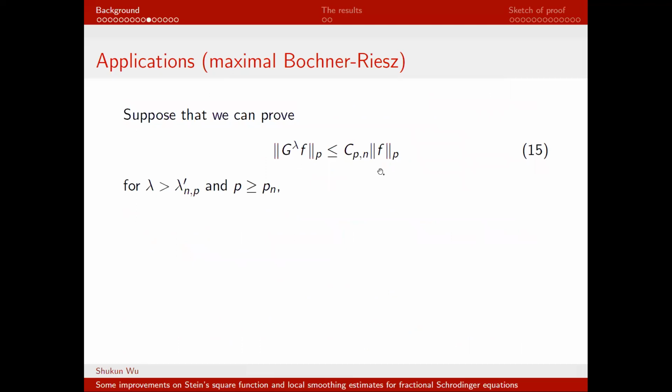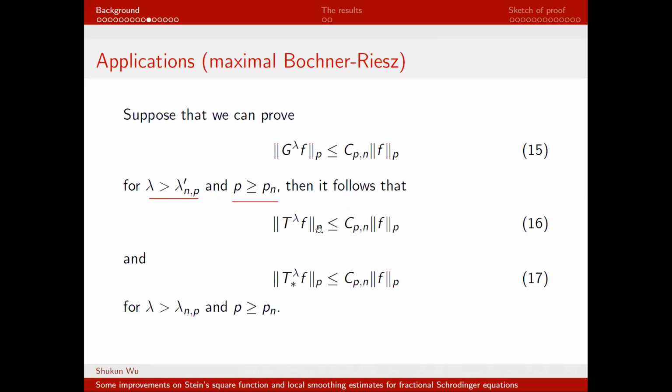Okay. Now let's look at some applications of the LP estimate for Stein's square function. Suppose that we can prove the following LP estimate for p greater than Pn, so greater than this endpoint, and also in a sharp range of lambda.